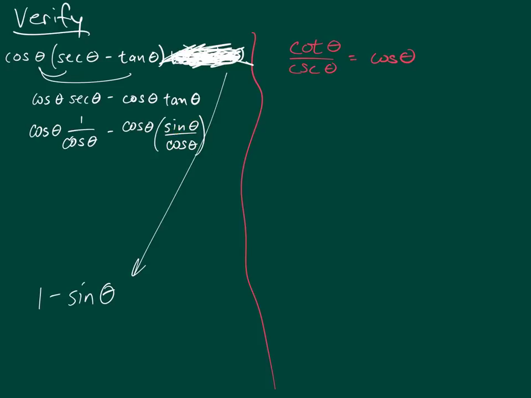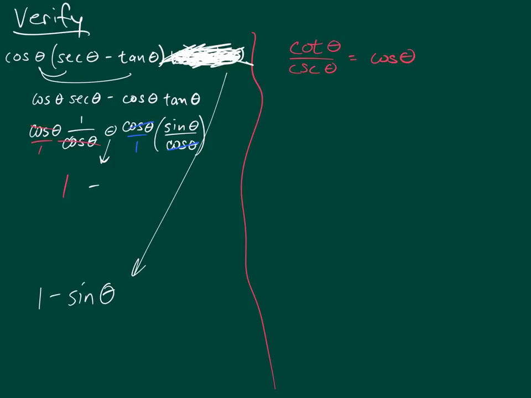And that's fine, but now look at when this happens, you can rewrite this cosine as cosine over 1, and these cosines reduce away. And we're left with a 1 here. This minus sine is still here. But in this second one, we have this cosine. You can write that one over 1.